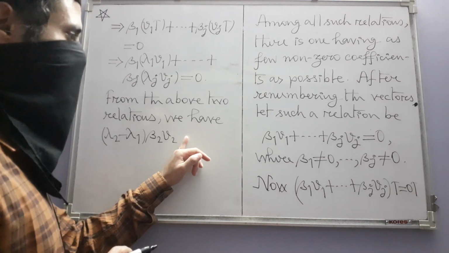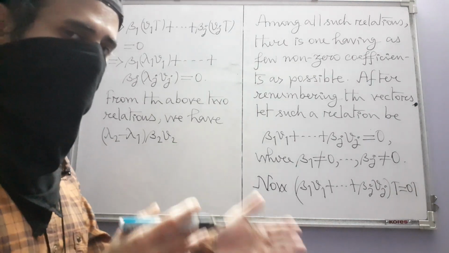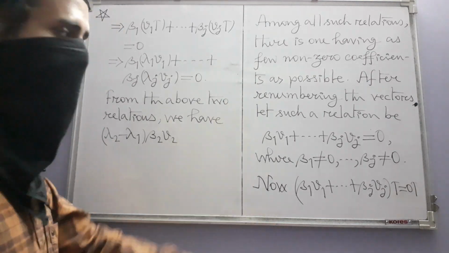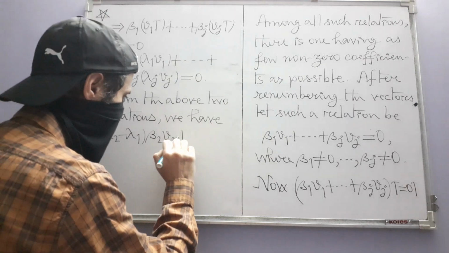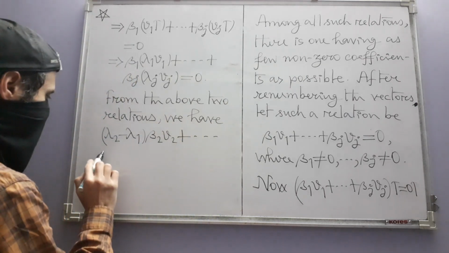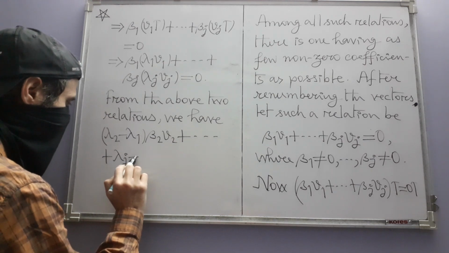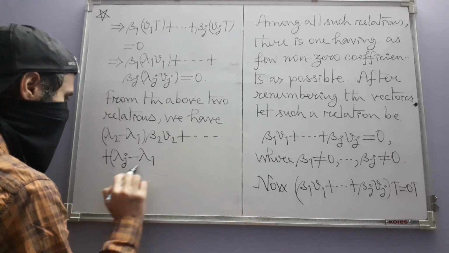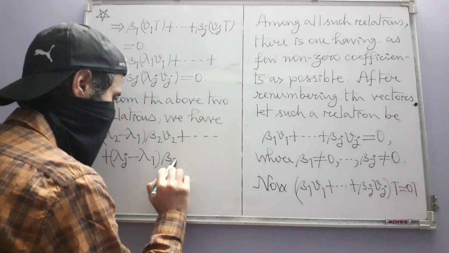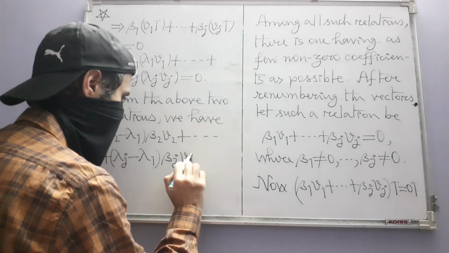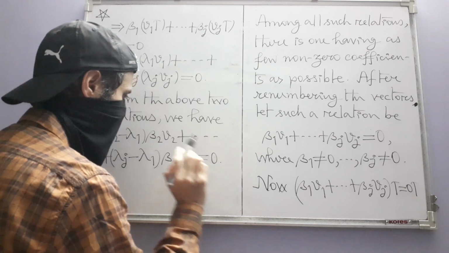Then the next term will be lambda 3 minus lambda 1 times beta 3 v3. Instead of writing that, we just write like this, and finally we will have lambda j minus lambda 1 times beta j vj is equal to 0.